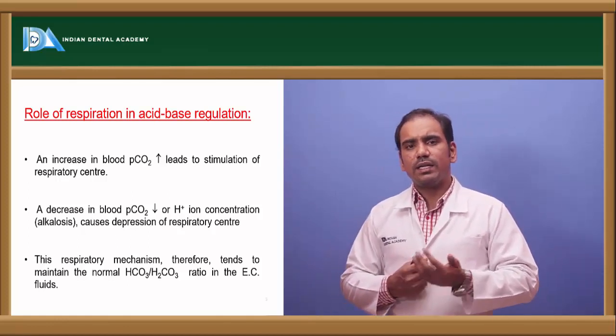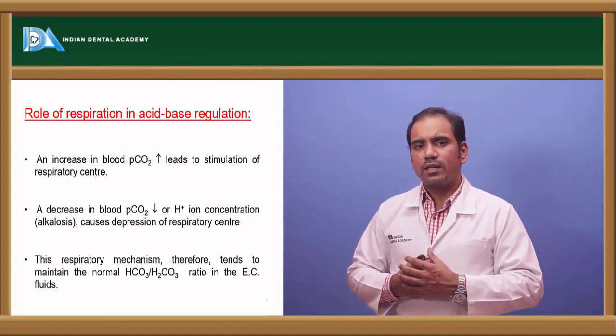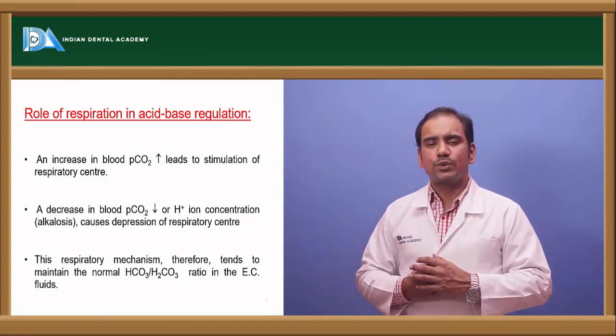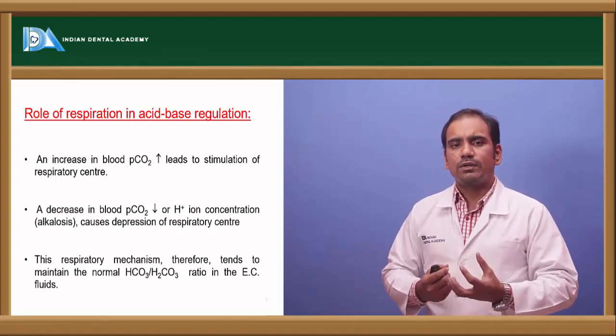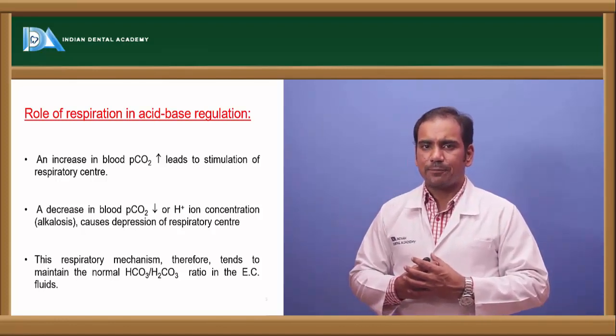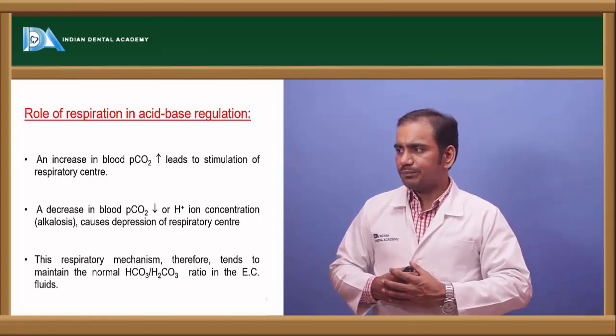Whenever there is a decreased PCO2 level, then the rate of respiration decreases. It leads to hypoventilation. So it tries to conserve the carbonic acid in the blood. Right? In that condition, it leads to hypoventilation.